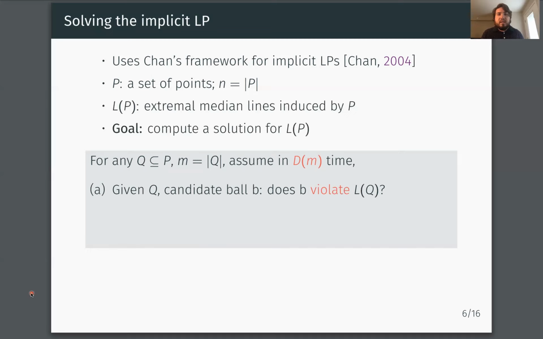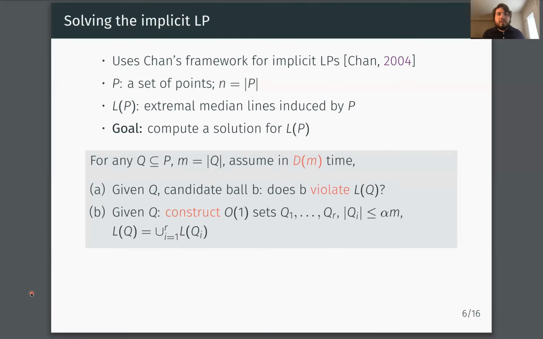What I'm asking is, does B intersect all extremal median lines induced by the points of Q? Or equivalently, is there an extremal median line induced by the points of Q such that B does not intersect that line? This is kind of like a separation oracle in the traditional linear programming sense, except we're separating over these implicit constraints.